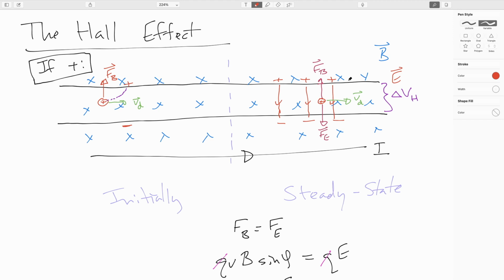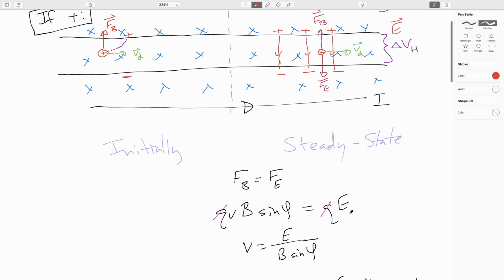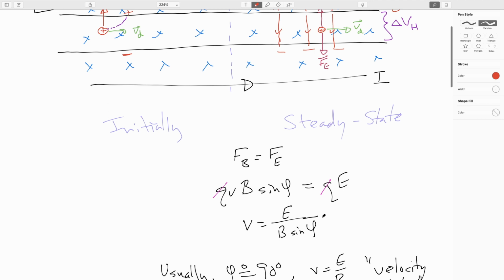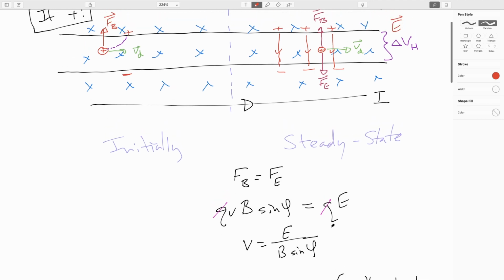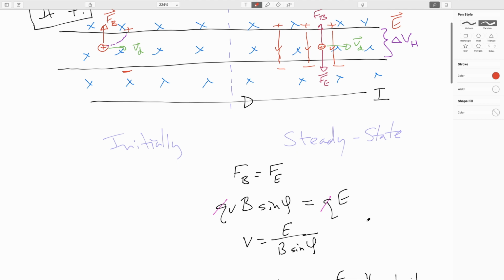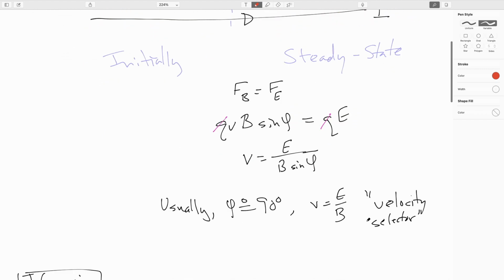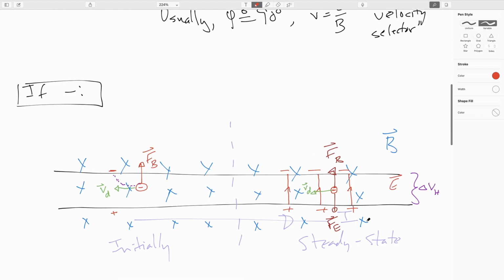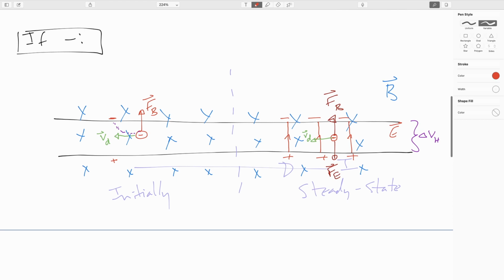Since they know the magnetic field already because they applied it, that gives them the drift velocity, and from that they can deduce the current going through the nerve. And so that way you can do it without breaking the nerve. Obviously, it's still a very delicate thing, but sometimes you need the data.